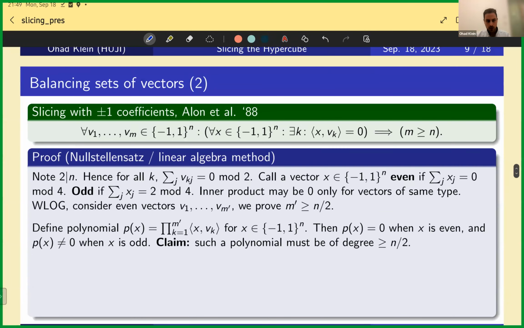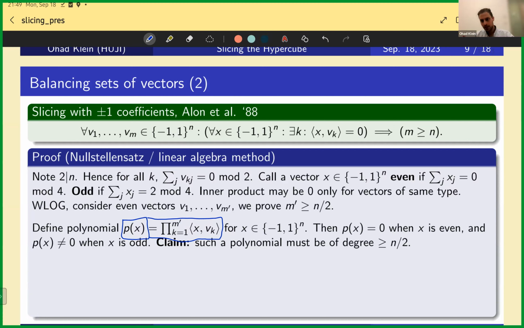So what we are going to do now is to define a polynomial of x. x lives on the hypercube, and we consider the product of all inner products of x with the even vectors. So if x is an even vector, what does this polynomial evaluate to?